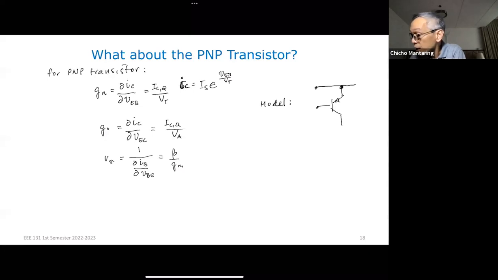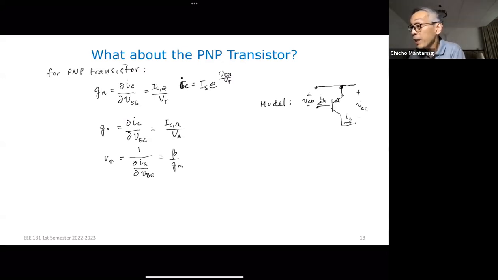Here you're going to have this is going to be VEB, and then your IB is in this direction. Okay, and then here you're going to have VEC, and then the direction of IC is this way. This is going to be IC, right? That is your circuit for the PNP.